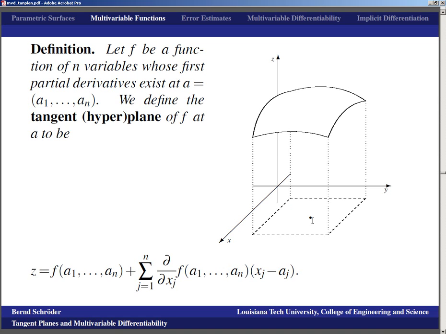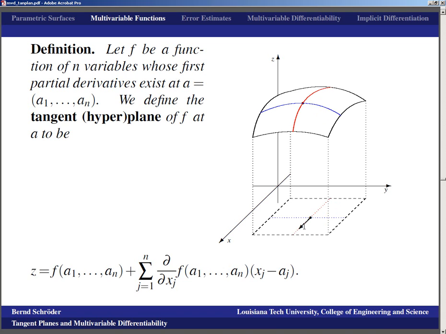Then we take a point where we want to find the tangent plane, and basically we're doing the same thing as with these parametric surfaces. If we hold y constant and let x run, we go along a straight line, which induces a coordinate line also on the graph. If we hold x constant and let y run, we get a straight line in the domain, which introduces a coordinate line on the surface.